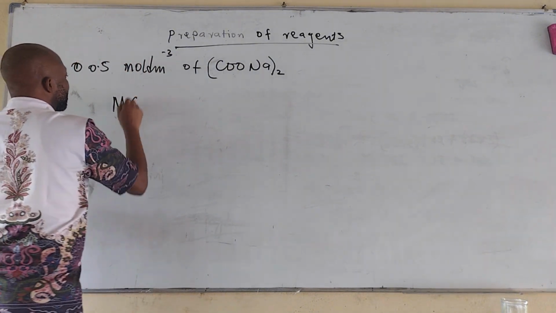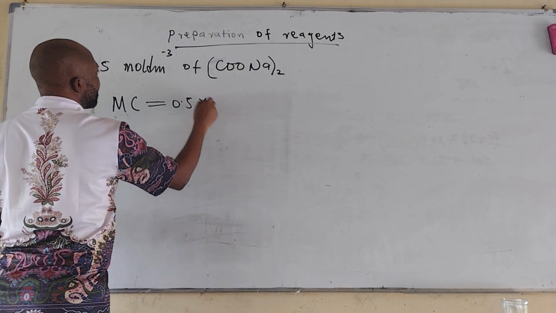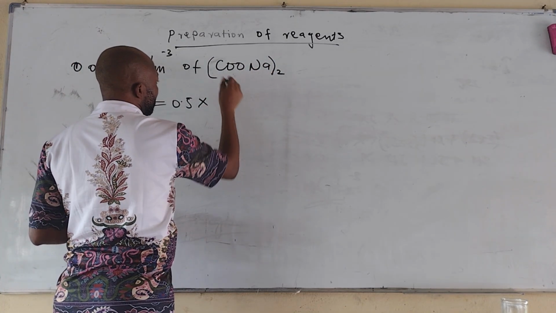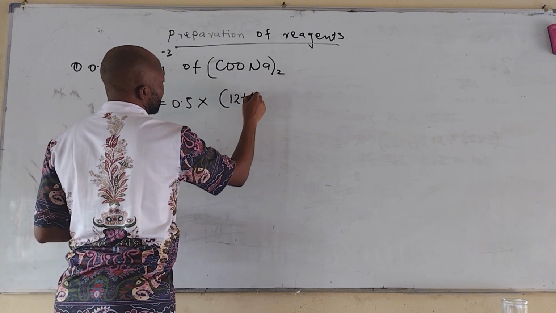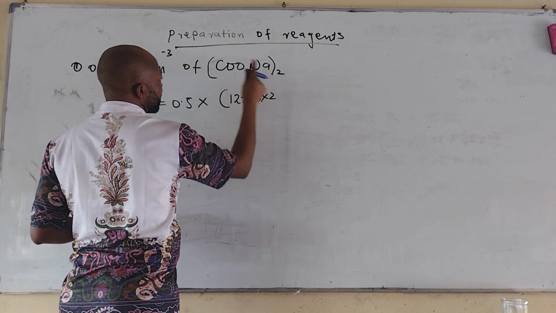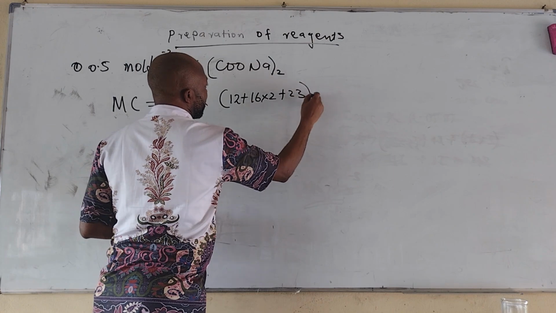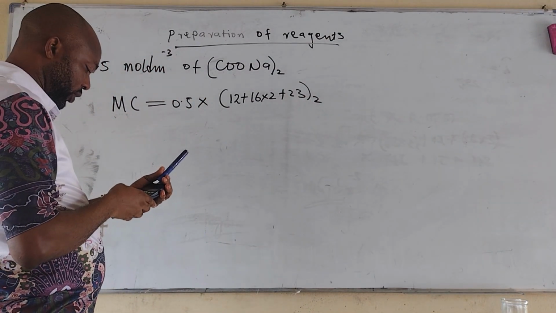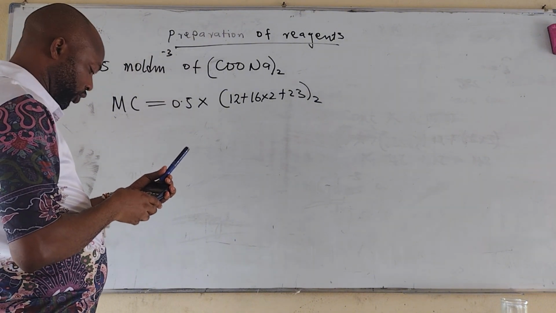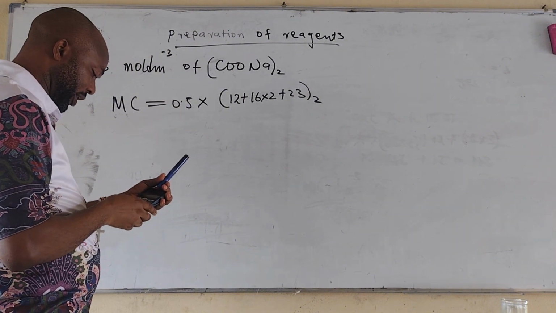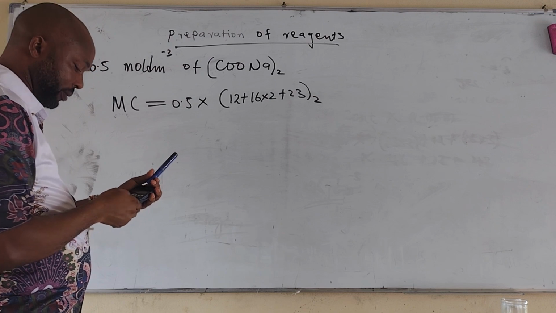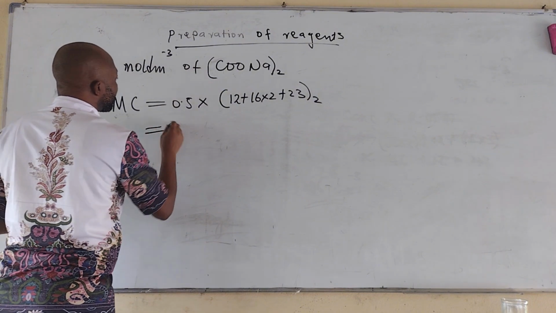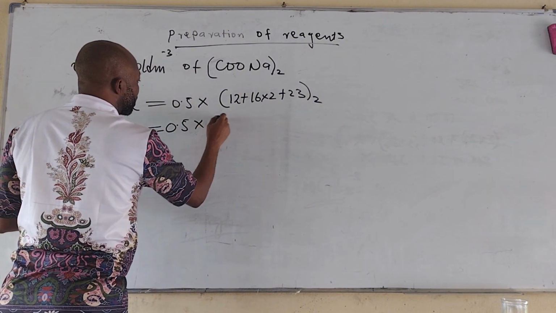Now my mass concentration is 0.5 times the relative molecular mass of these times 2. Carbon is 12, plus 16 times 2, because we have two 16s, plus 23, and we add the 2 outside. So 16 times 2 is 32, plus 12, plus 23, that is 67, times 2, 134. So I now have 0.5 times 134.